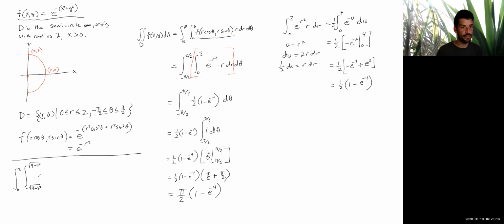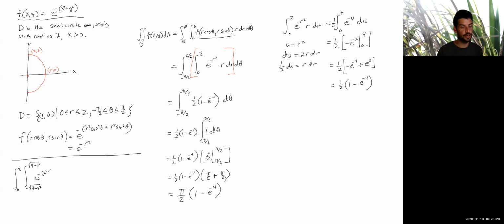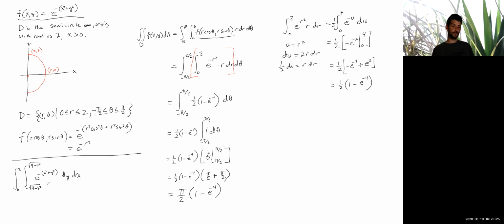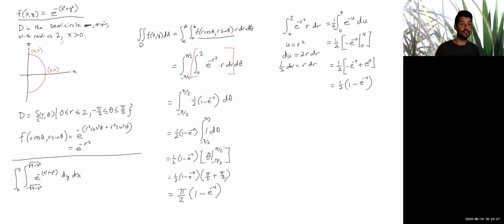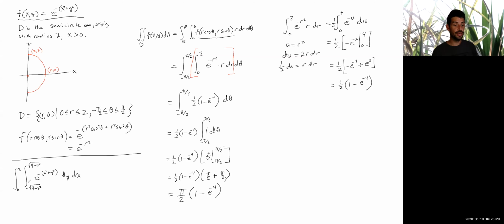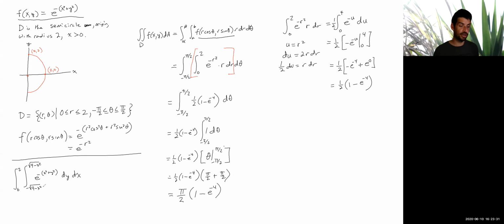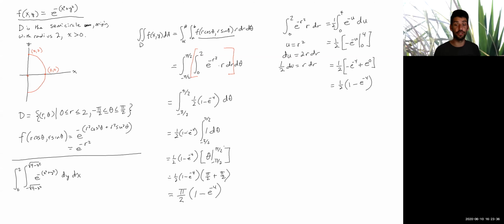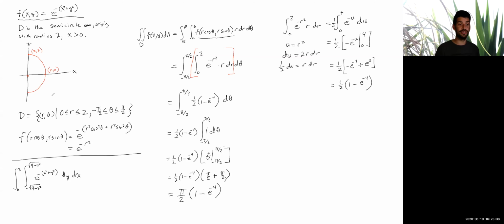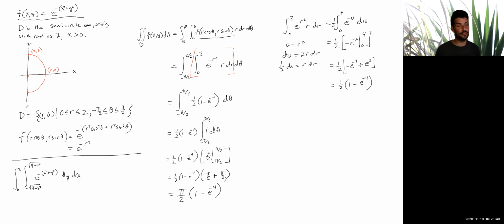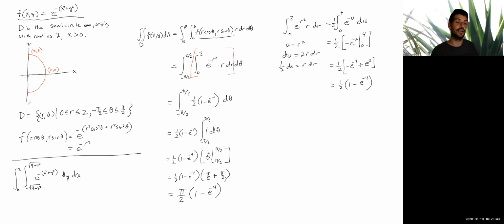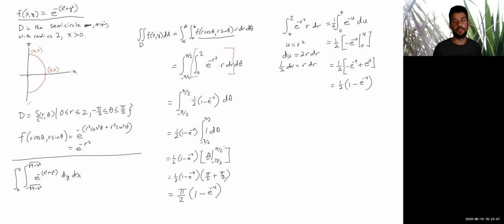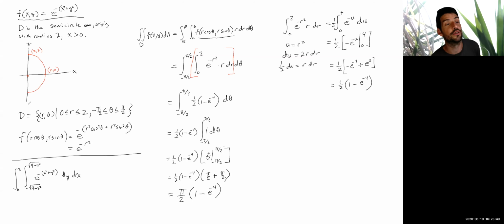And then we would have e to the negative x squared plus y squared dy dx, right? That expression there represents the volume we're looking for. This is a very difficult problem to do as written in rectangular coordinates. By switching to polar coordinates here, because the shape lent itself to this kind of description, it made the problem incredibly easy.